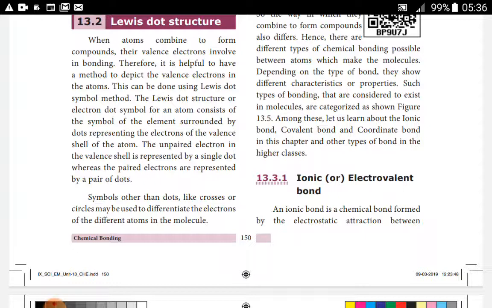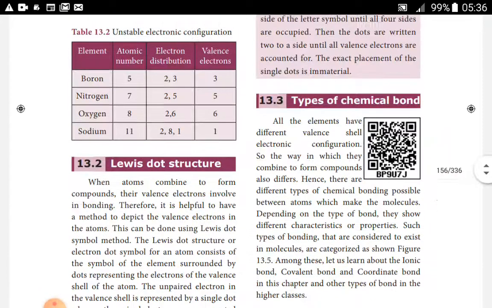When different kinds of atoms combine to form a molecule, we put dots for one kind of atom and crosses or circles for the other kind.